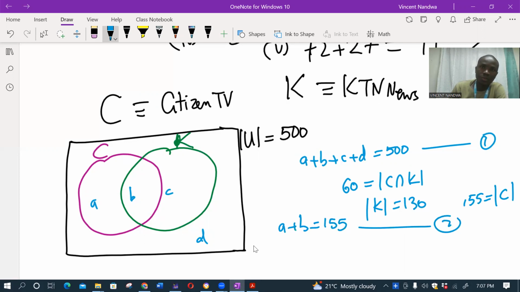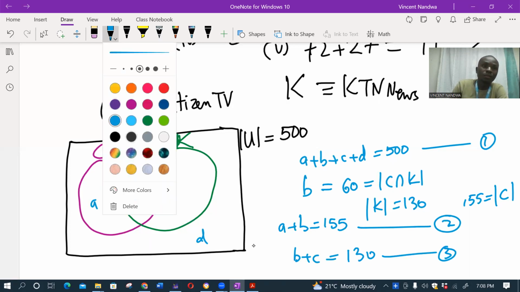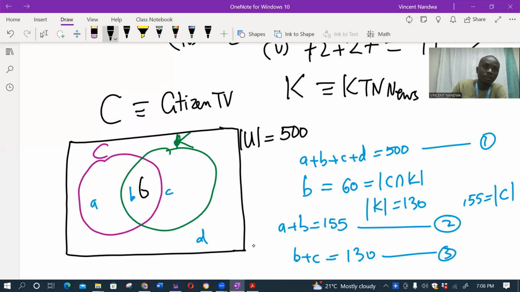Call it equation 2. B plus C is what constitutes the K set, which is 130. Call it 3. And 60 is where C meets K, and that is part B. So you can comfortably fill this section with 60.